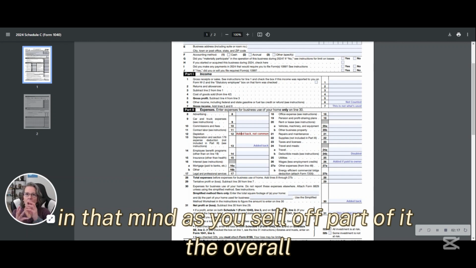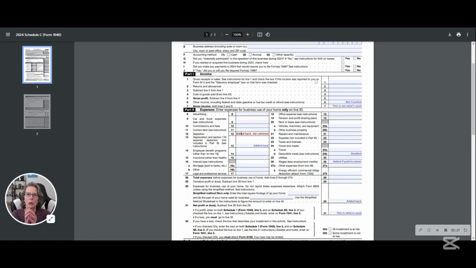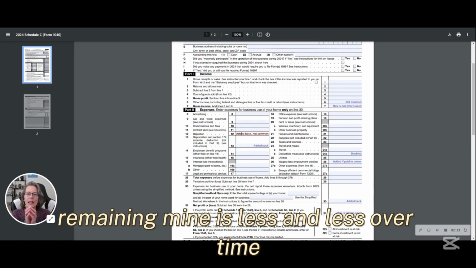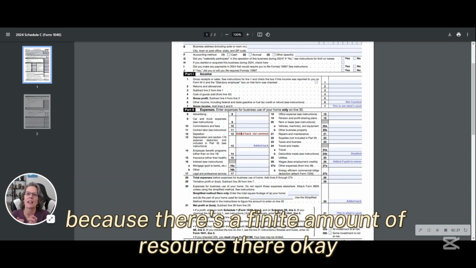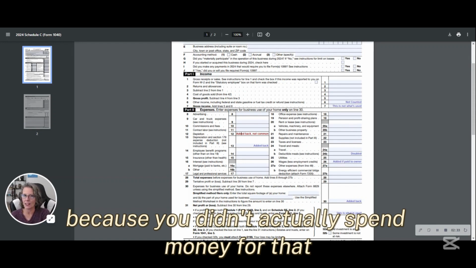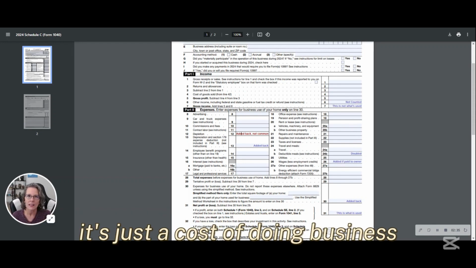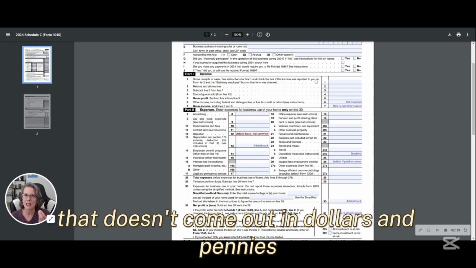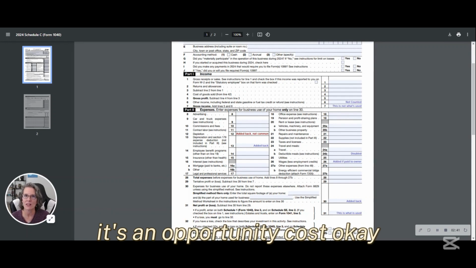As you sell off part of it, the overall value of the remaining mine is less and less over time, because there's a finite amount of resource there, okay? So we're going to let you write that off because you didn't actually spend money for that. It's just a cost of doing business that doesn't come out in dollars and pennies. It's an opportunity cost, okay?